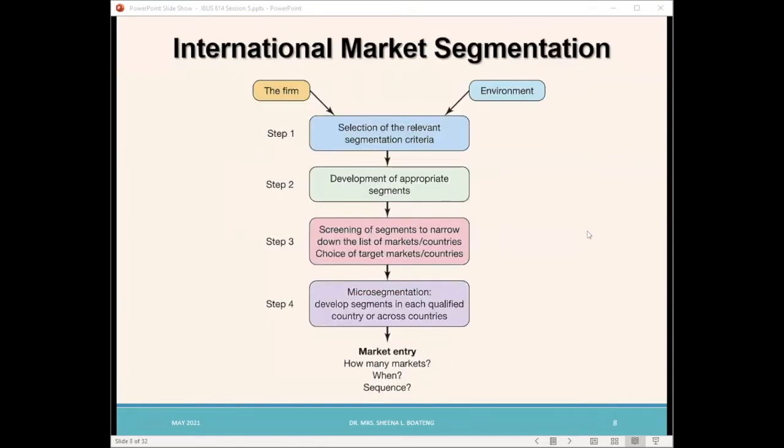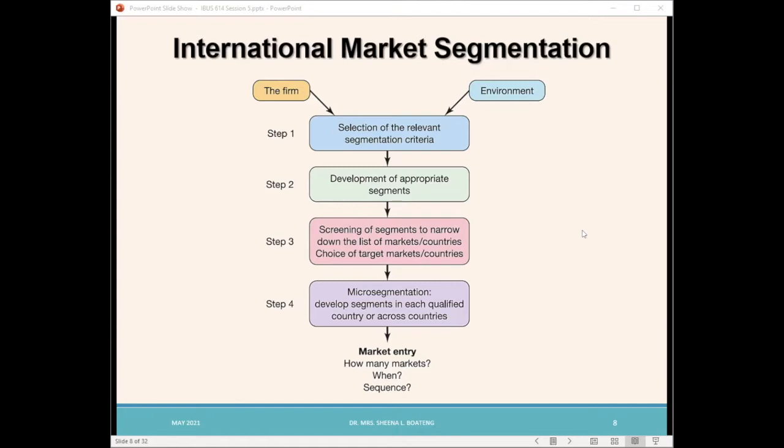And here it looks at, again, starting from the SWOT analysis, considering the factors relating to the firm as well as the factors relating to the environment, leading into 4 major steps that result in the firm actually selecting 1 or 2 markets to be able to enter into with their products or service for sale.